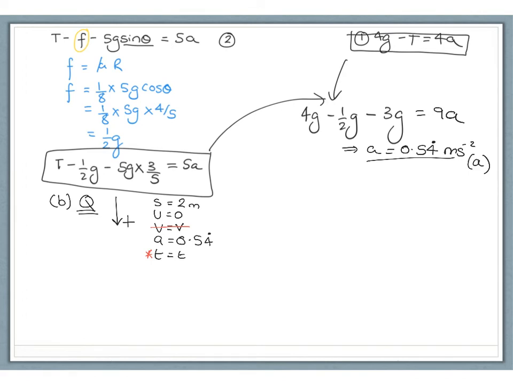We can rule out V. This gives us the link between S, U, A, and T, which means we're using S equals UT plus 1/2 AT squared. So 2 is equal to 1/2 a multiplied by t squared. Very simple equation. Rearrange this, and t equals 2.7105, etc. 2.71 seconds to 3 significant figures.